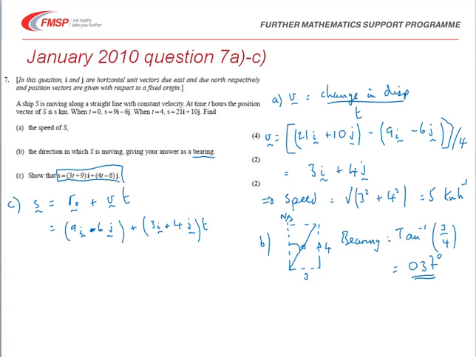So the i component is 3t plus 9, and the j component is 4t minus 6, which is what we've been asked to show.